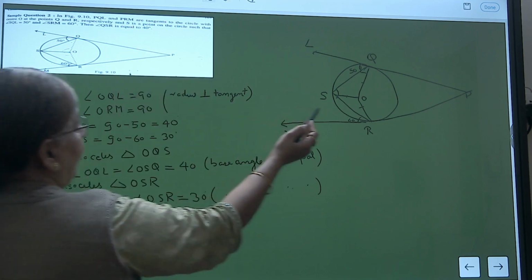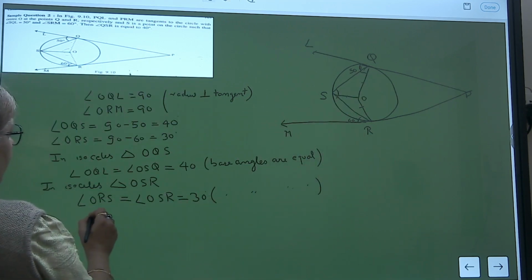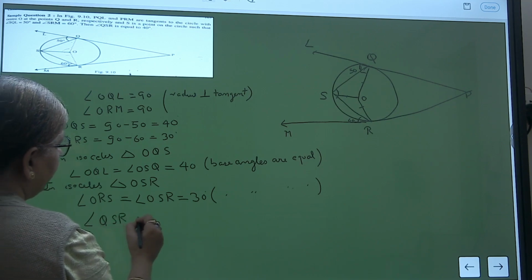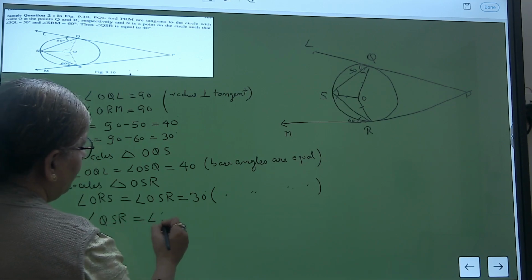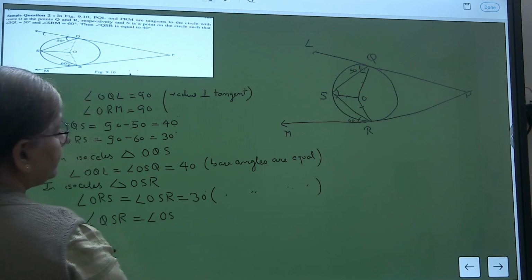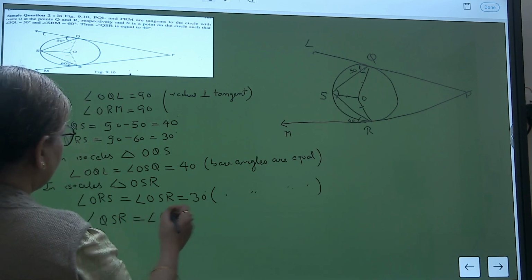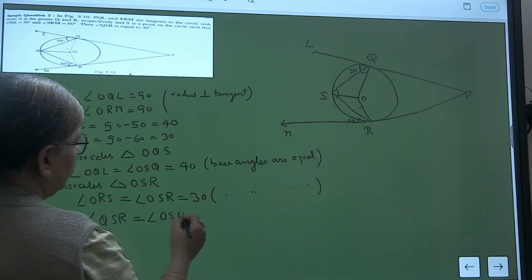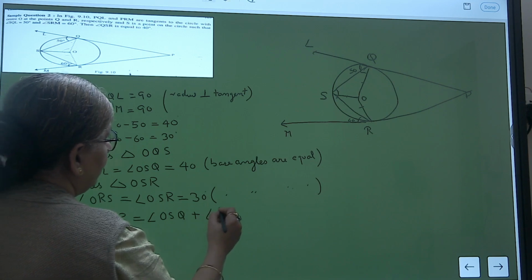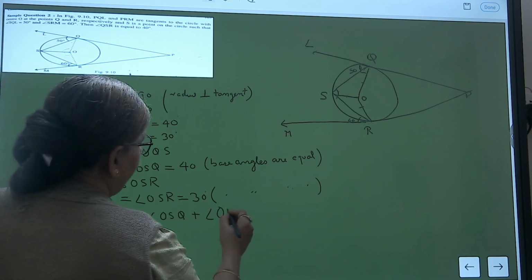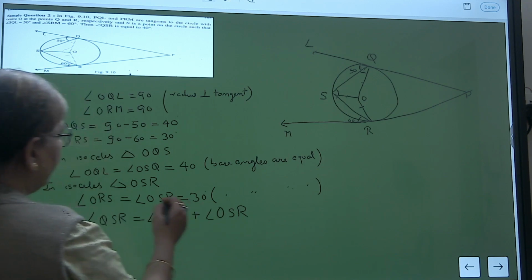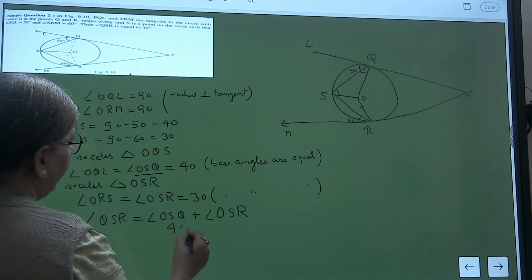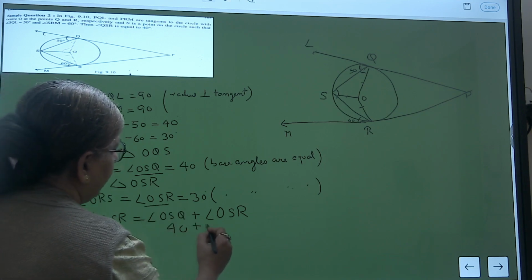Okay, we have to find angle QSR. So, angle QSR is nothing but the sum of angle OSQ plus angle OSR. And both the angles we know, OSQ is 40 degrees and OSR is 30 degrees.